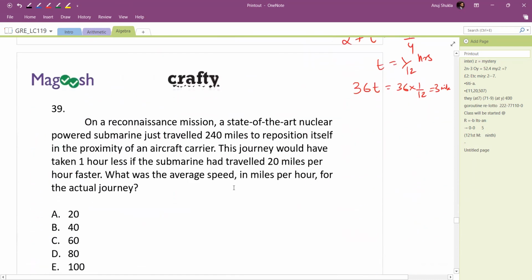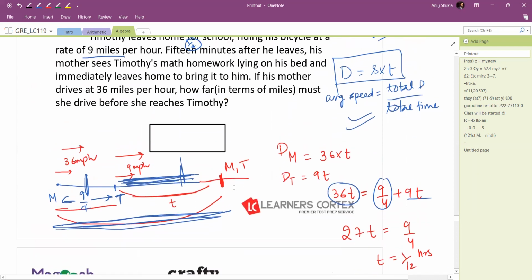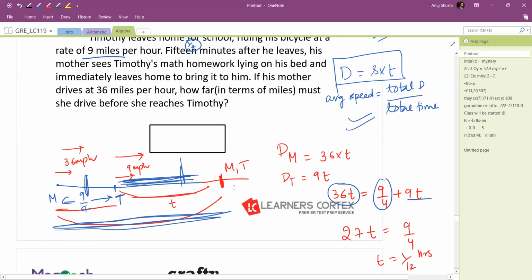Okay. So can you explain this with relative motion a bit slowly? Whom should be considered at rest and whom in motion? You can consider anything at rest, but for our convenience we can consider Timothy at rest, just to find t.